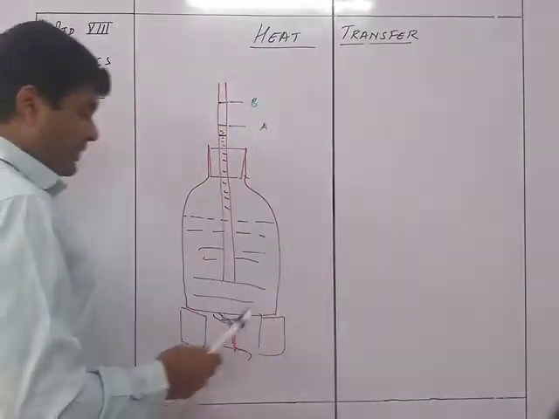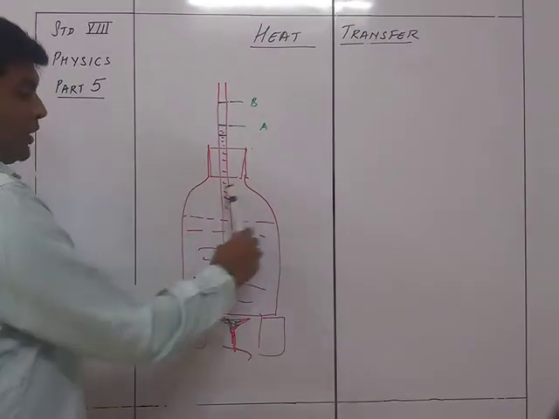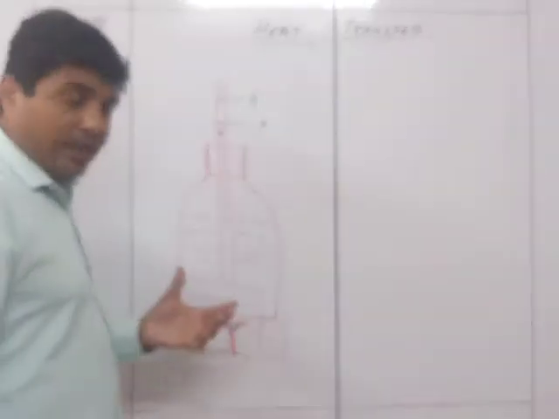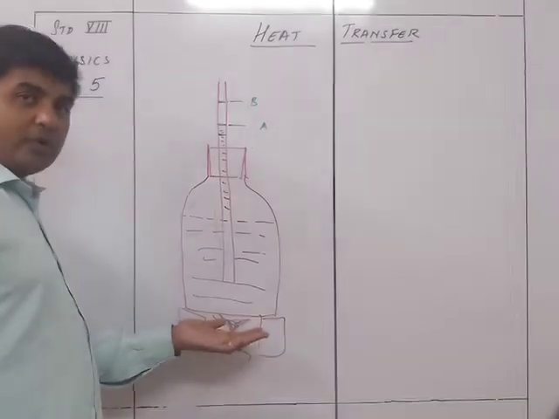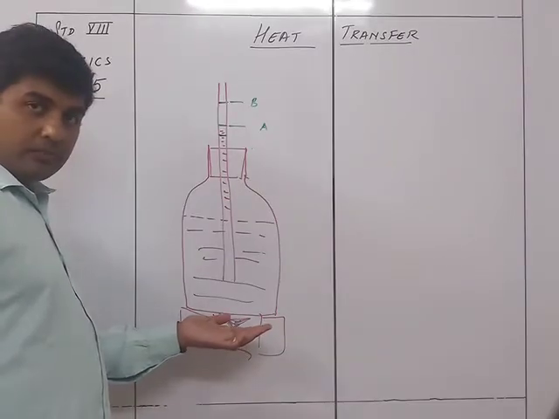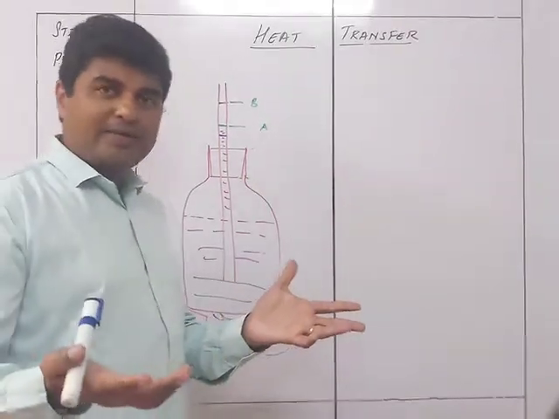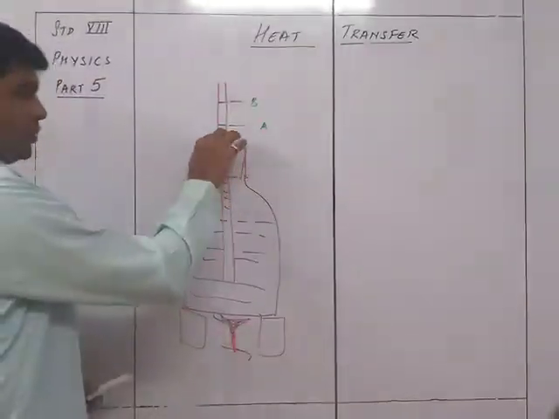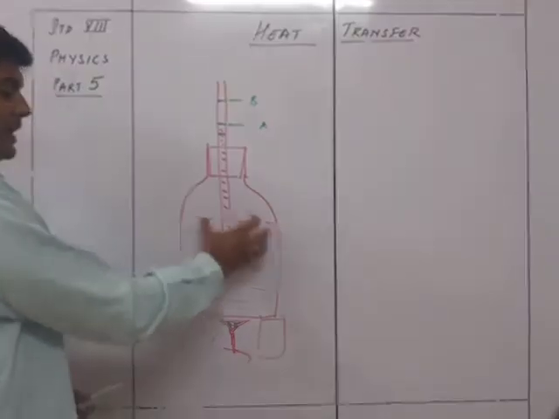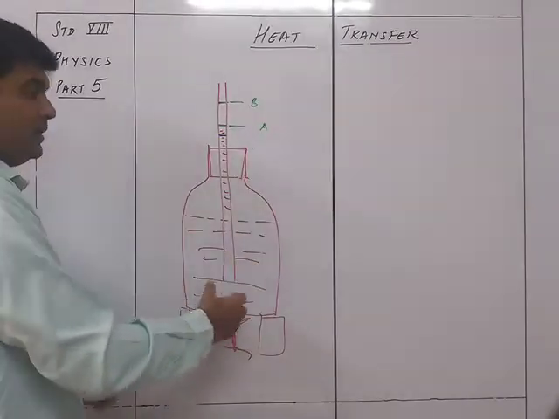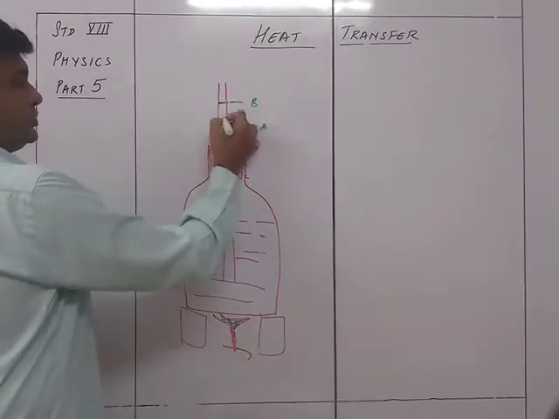Because firstly, when I am heating it, the bottle is going to expand. And when the bottle expands, automatically the level of the water will go down, because the capacity of the bottle has increased. But then subsequently, when you keep on heating it, the water expands and it reaches this level.